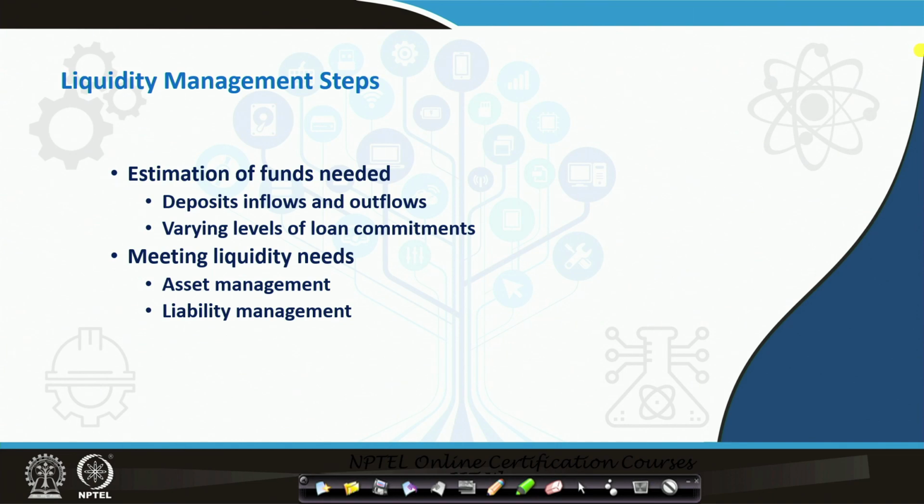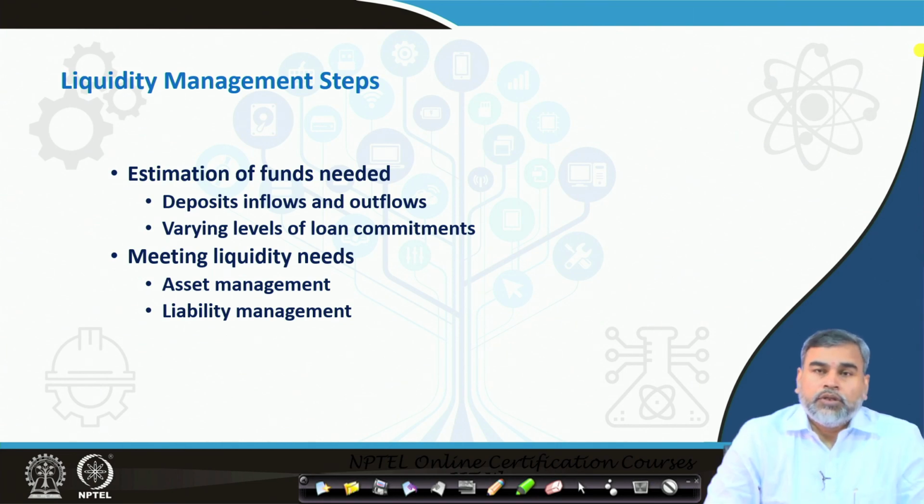And number 2, what kind of liquidity management strategy they adopt to meet this liquidity need. How much is the need and how the needs can be fulfilled. These are the 2 major broad steps which the commercial banks adopt whenever they manage the liquidity in their respective banks.